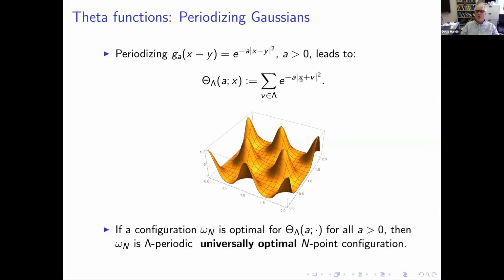If x is 0, you get just a more traditional Epstein theta function, but translating by x gives you the potential felt by adding a charge at x in the presence of charges at y plus lambda.